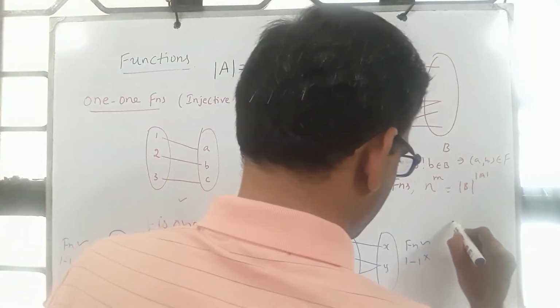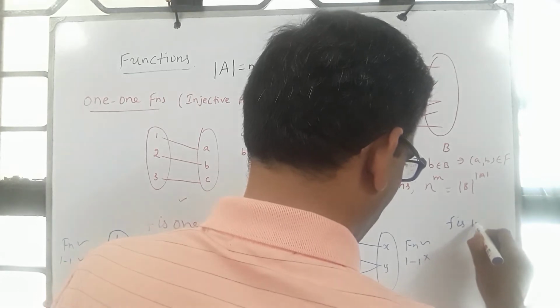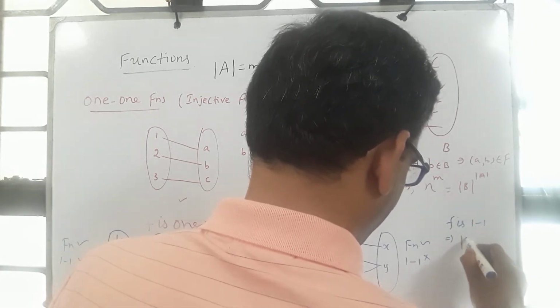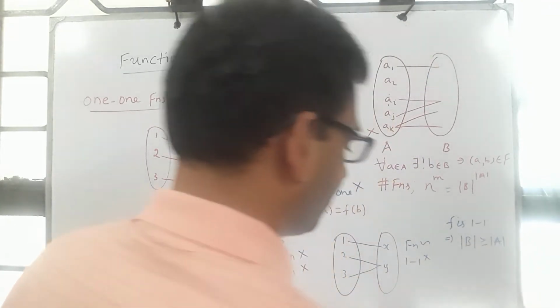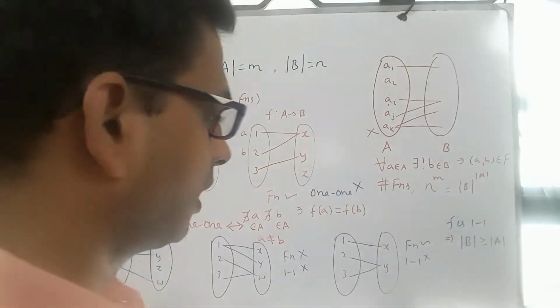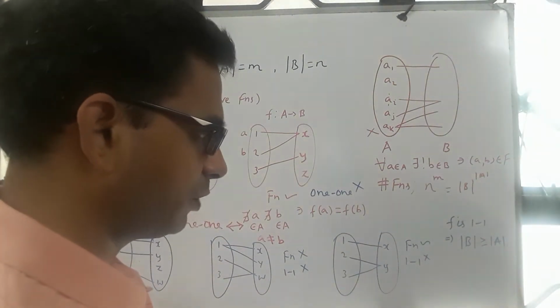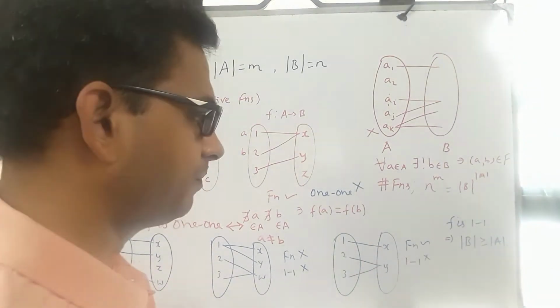So this shows that f is 1 to 1 implies that cardinality of B is at least the cardinality of A. Correct? You can talk about 1 to 1 functions when this condition is met. Okay?